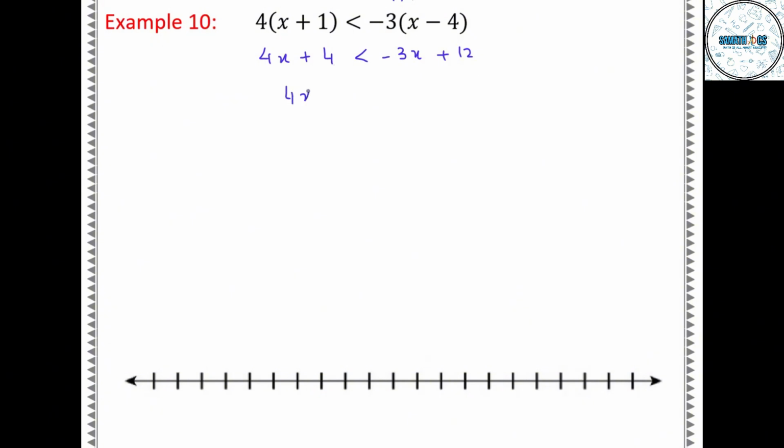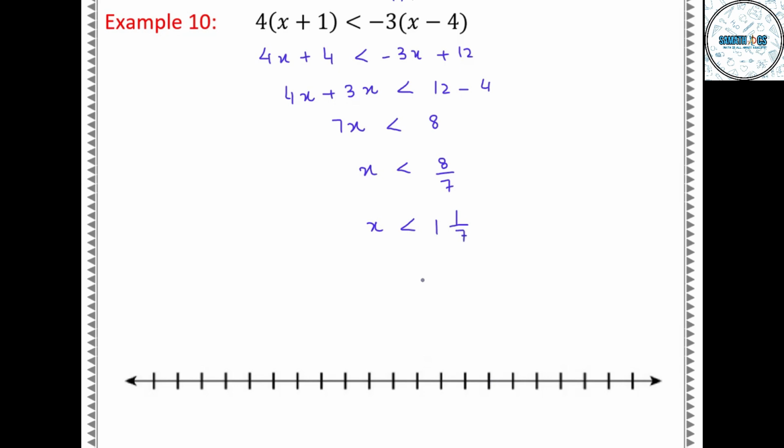So it is 4x plus 3x less than 12 minus 4. So this is 7x and this is 8. So x is less than 8 upon 7, or we can write it as x is less than 1 whole 1 upon 7.